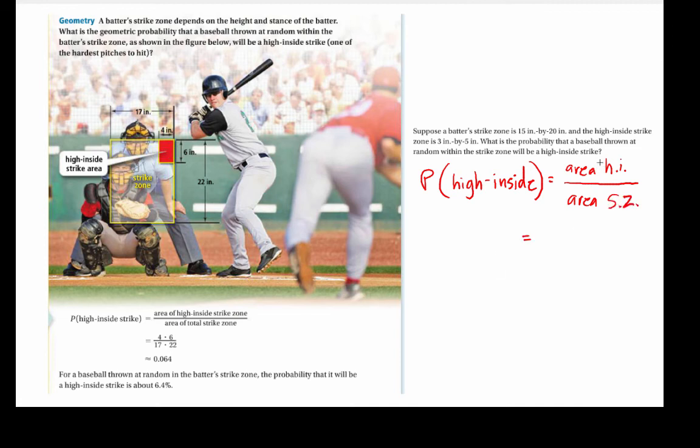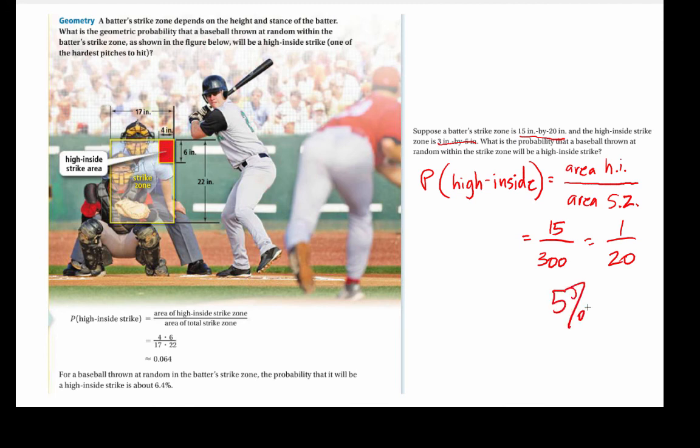Well, the area of our high inside area is 3 by 5, that's 15. The area of our strike zone is 15 by 20, that's 300. This reduces down to 1 over 20, which is 5%.